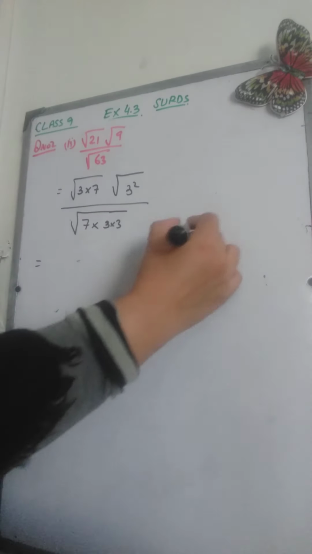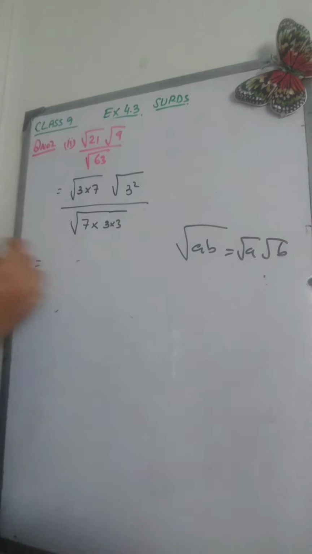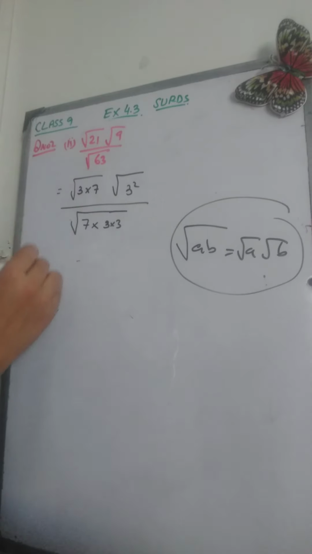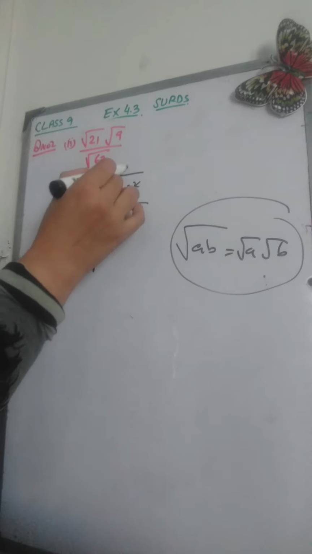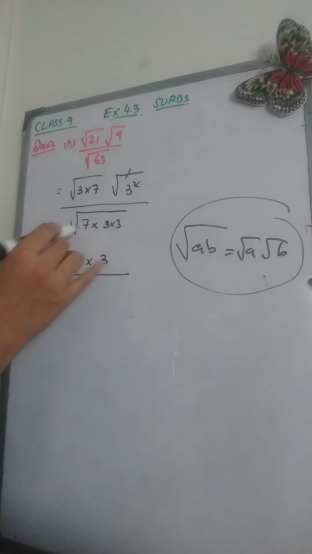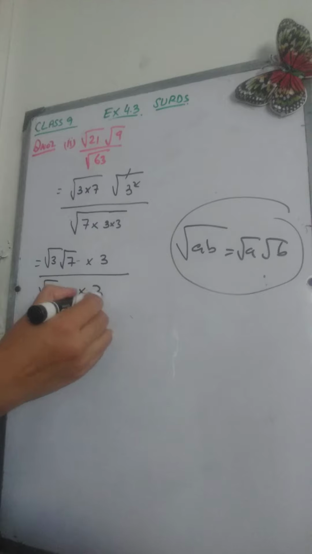After splitting these radical signs, because under root AB can be written as under root A into under root B, I am going to write under root 3 into 7 as under root 3 into under root 7, and this square root sign will be cancelled and will give us 3. Over here we will have under root 7, and again here 3 square, the radical sign will be cancelled out and will give us 3.